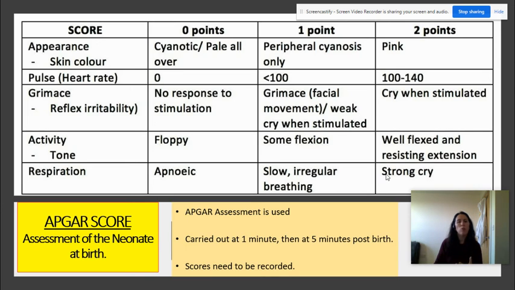So a nice strong cry when they come out, whether the breathing is slow and irregular or whether it's apneic. The other baby that I resuscitated after birth would probably have scored 1 point there, 2 points there, no points there. I can't remember whether it would be 0 or 1 there, but it was definitely an apneic baby.